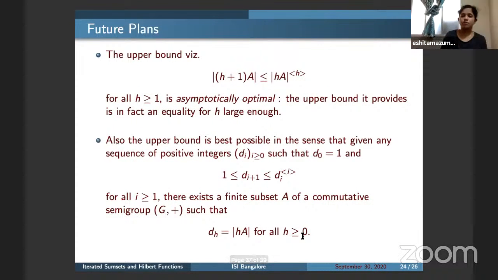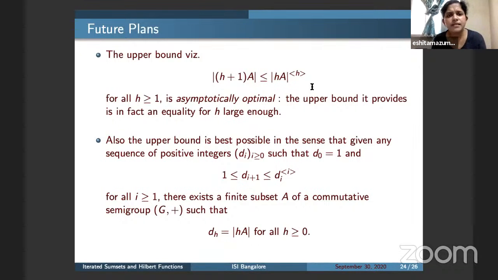Well, now we are almost coming to the end. Let's talk about the future plan regarding this problem. First of all, at the very beginning, I talked about the upper bound, which is this.